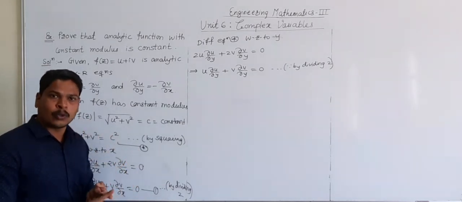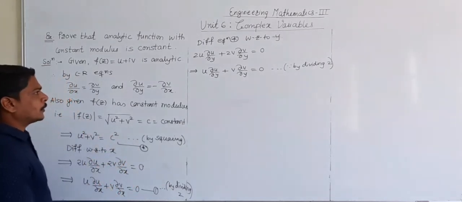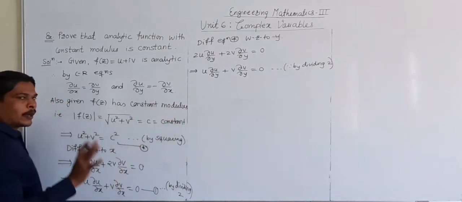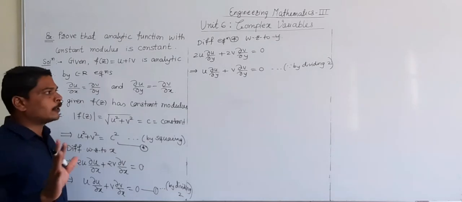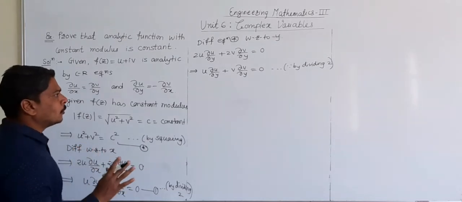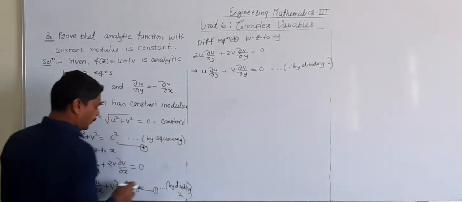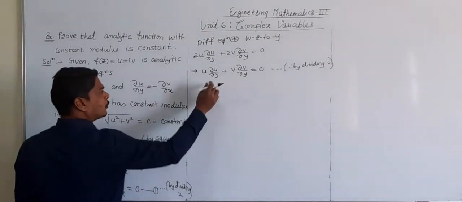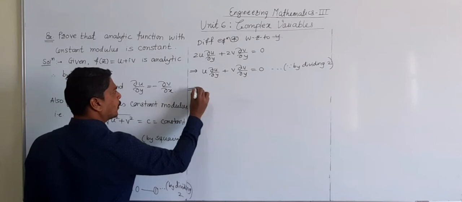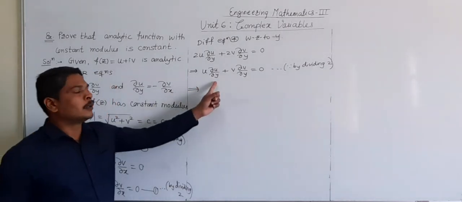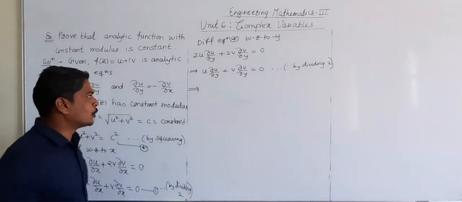Okay, so our requirement is to use these two equations and write this in a single variable, either in u or in v. So for that we are writing in only one variable, u. For that we should remove the term containing v. So in this equation we are using CR conditions for converting the partial derivative with respect to y into partial derivative with respect to x.